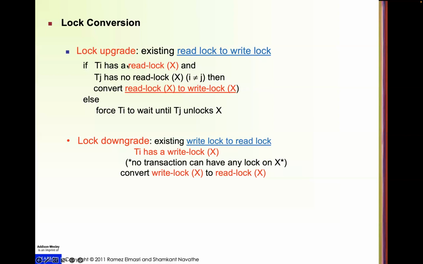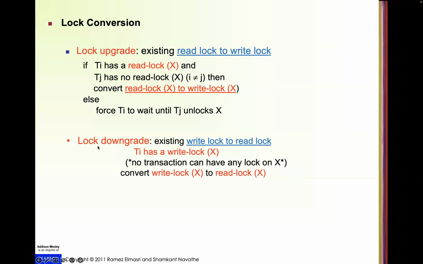So we check here that T1 is having a read lock and T2 is not sharing the lock with it. It means T2 wants to write. So we convert the read lock to the write lock. Else, we can force T1 to wait until Tj unlocks X.